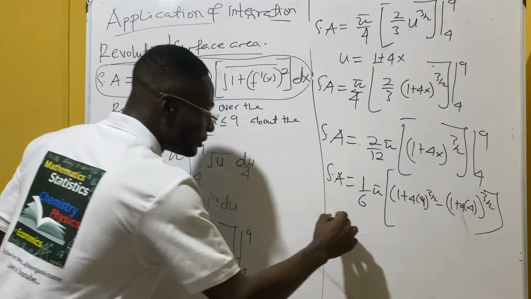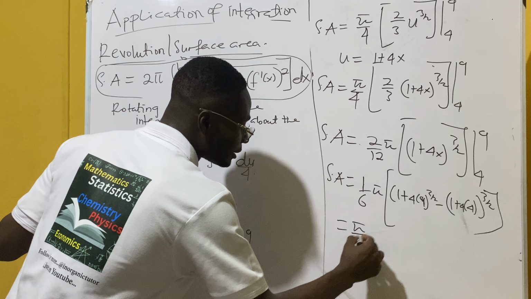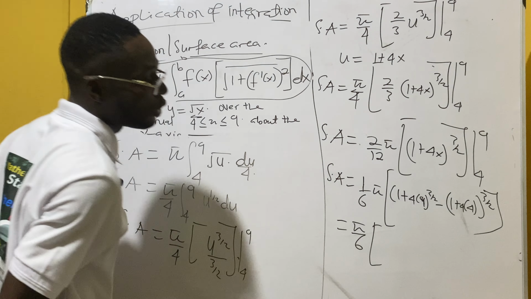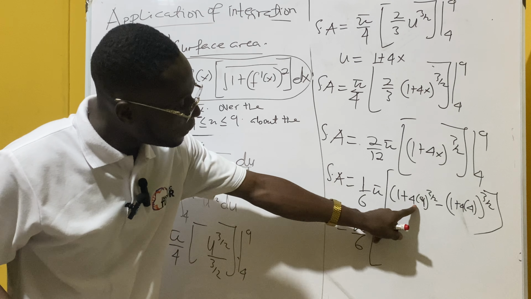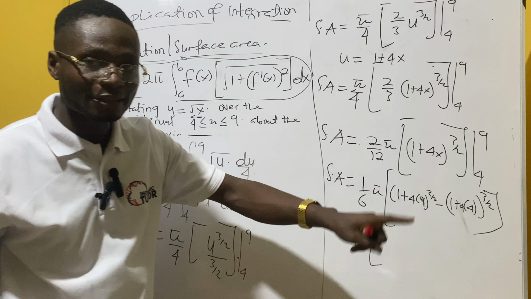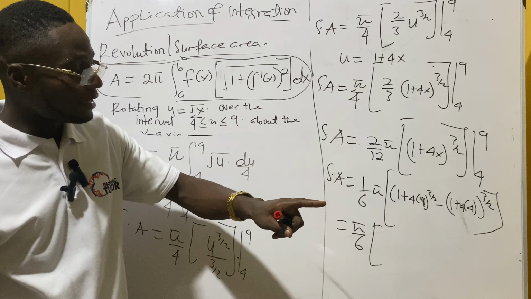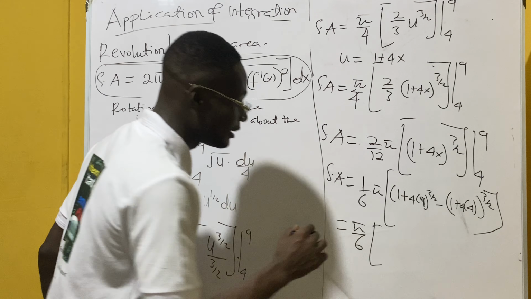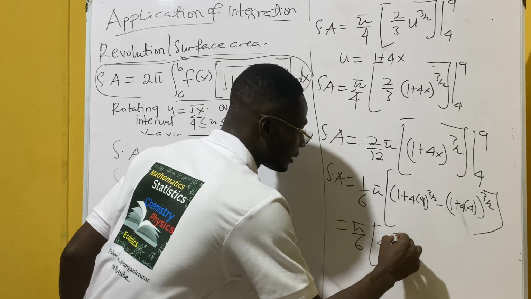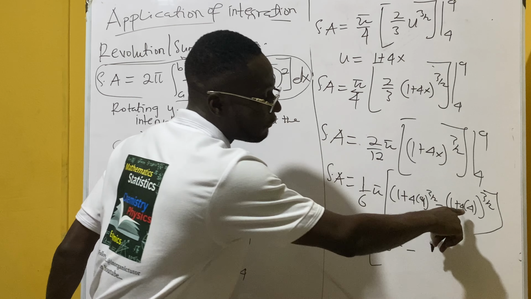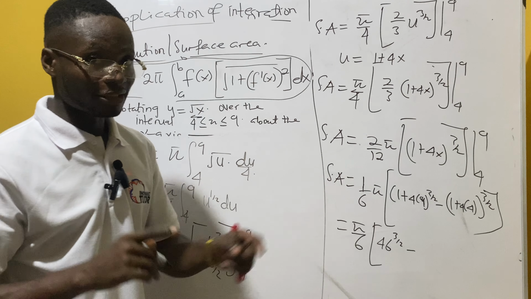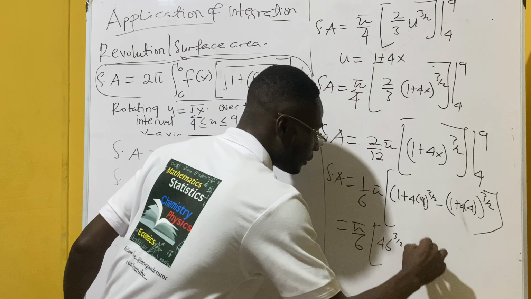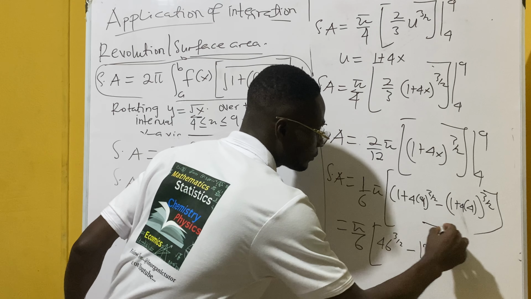So this is basically pi on 6 into 1 plus 4 times 9. 4 times 9 is basically 36, right? So we're going to have 36 plus 1, that is 37 power 3 on 2 minus 4 times 4 is 16 plus 1, it is 17 power 3 on 2, right?